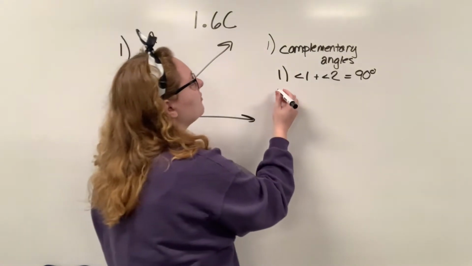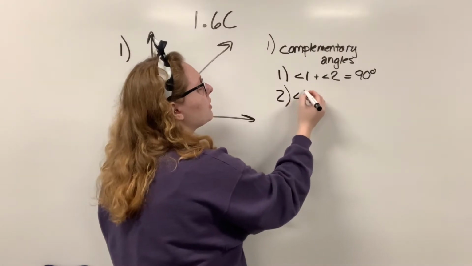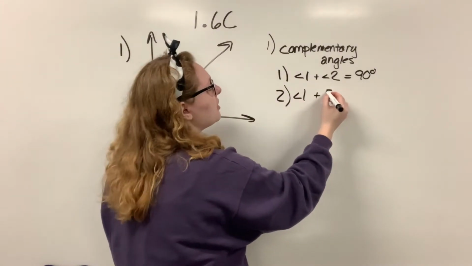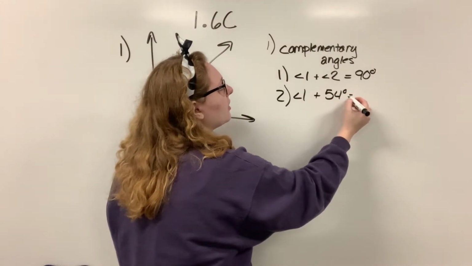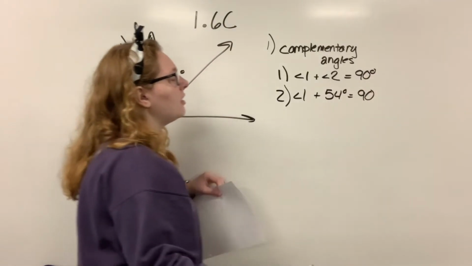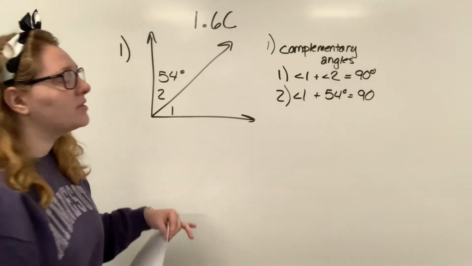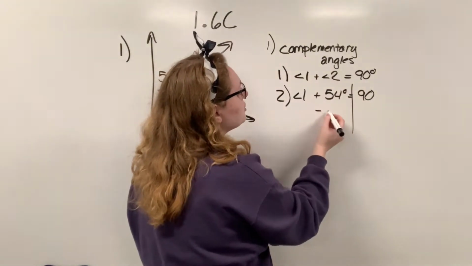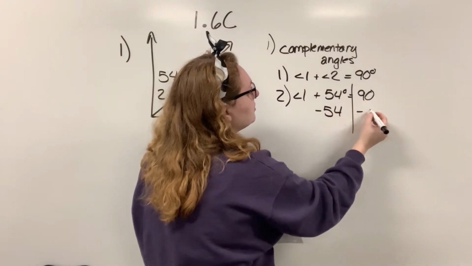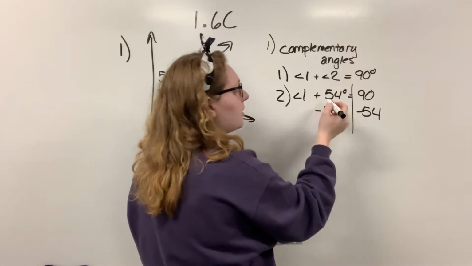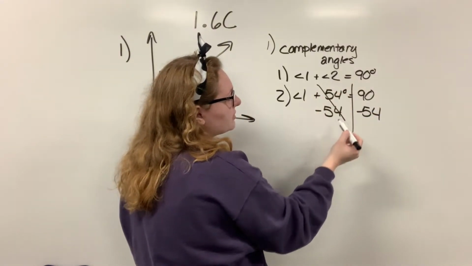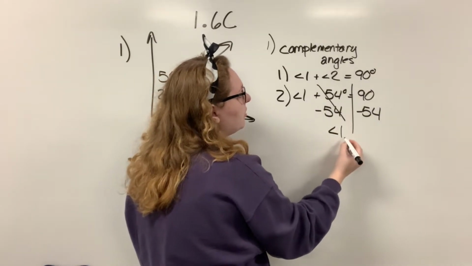So let's plug in for step 2, substitute. We're going to plug in 54 degrees for angle 2. It's equal to 90. Okay, and to get angle 1 alone, since we're adding 54, we're going to have to subtract 54 once on each side of the equal sign. 54 minus 54, those cancel, leaving us with just angle 1 on this side.